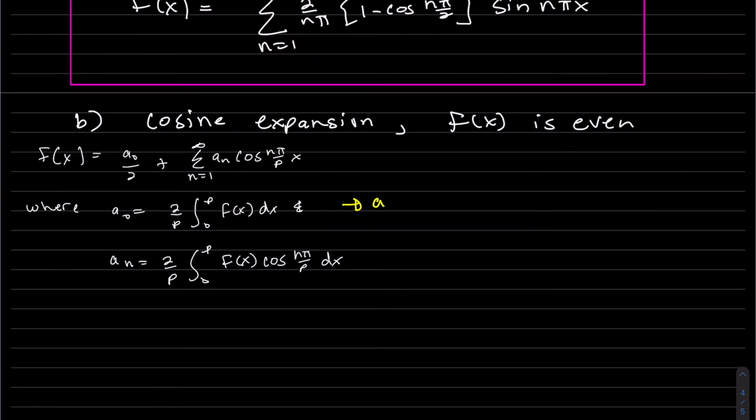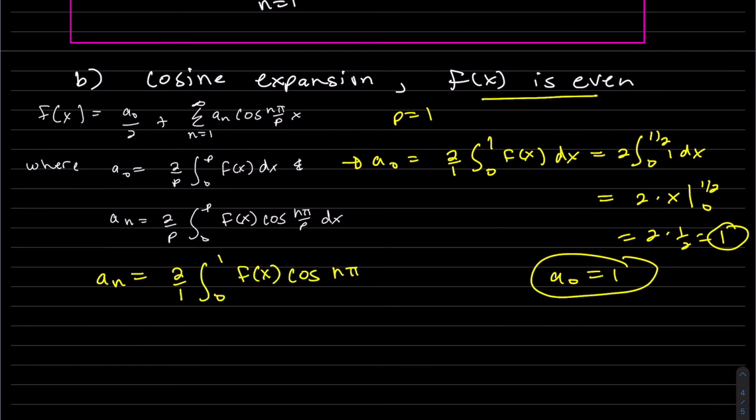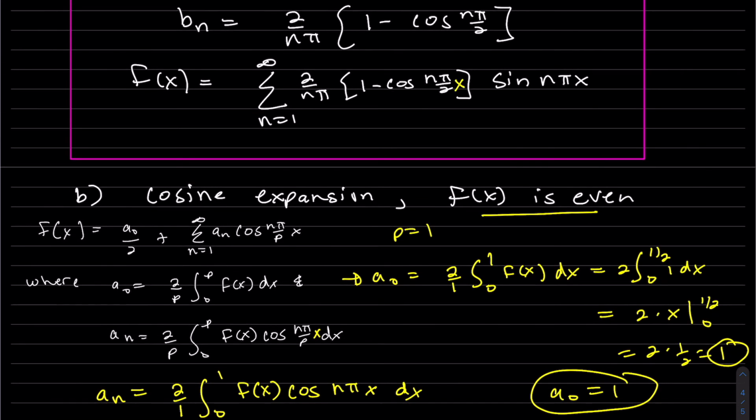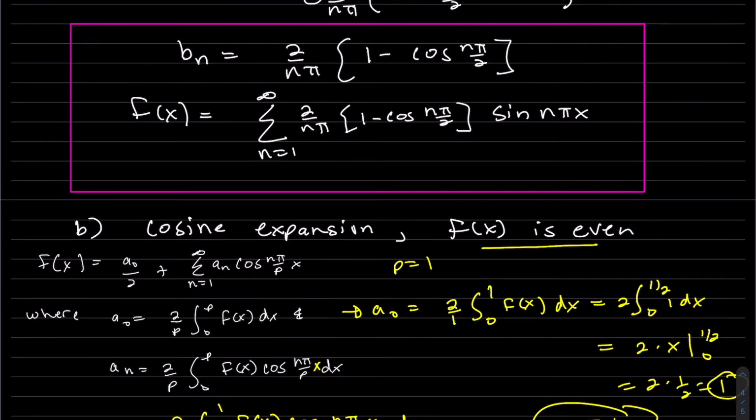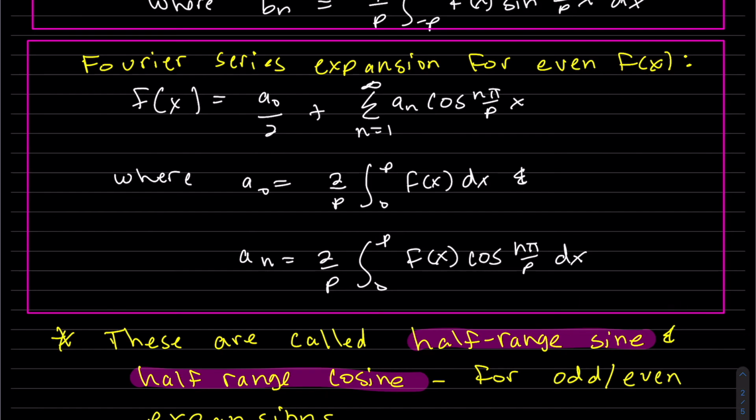Now we can see here a naught, p is 1 still, and f of x is even. It looks like we do need our x there.